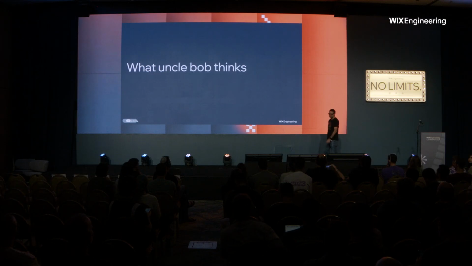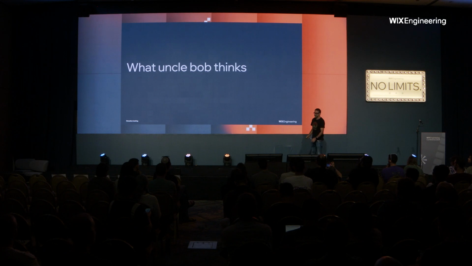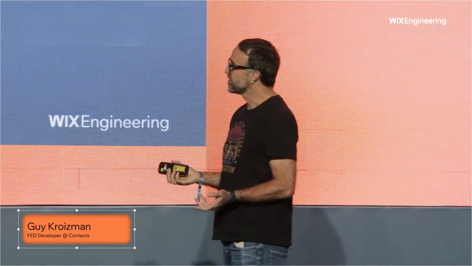Okay, so what does Uncle Bob think about mutation testing? Uncle Bob, the author of Clean Code and one of the greatest advocates of TDD, always told us to write a test before we write the code.